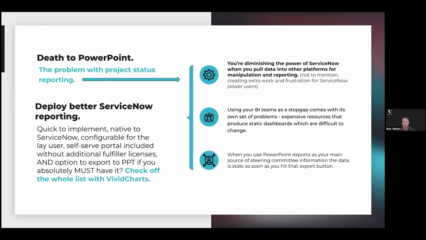And when you use PowerPoint exports in your steering committee meetings, you're just going to create a less efficient and less data-fresh experience for everyone involved. So as we walk through the product today, we're going to look at how we deploy better reporting out of the ServiceNow platform. How do we make it quick to implement, native to ServiceNow, and provide those experiences so that you can use the reports in different operational scenarios.